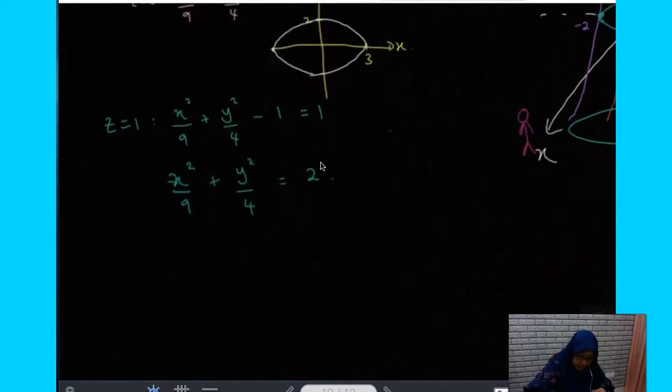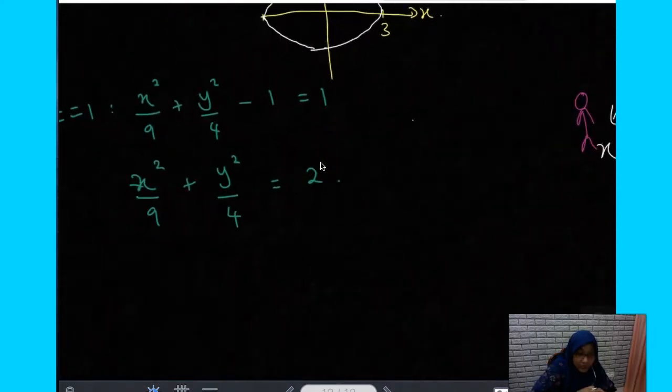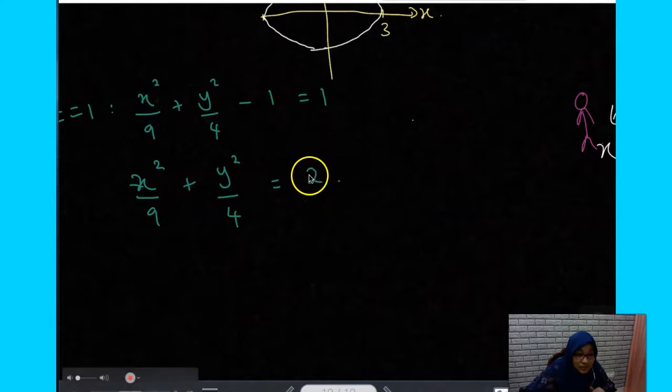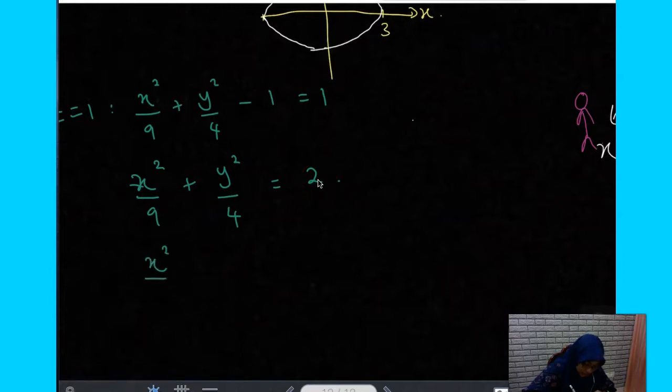Okay, so it looks like when z equal to 1, this is certainly not a circle again. We have to make sure this one becomes 1 so that we can have an ellipse. So when we simplify, this one becomes 18 and this one becomes 8, equal to 1. Then we have an ellipse.